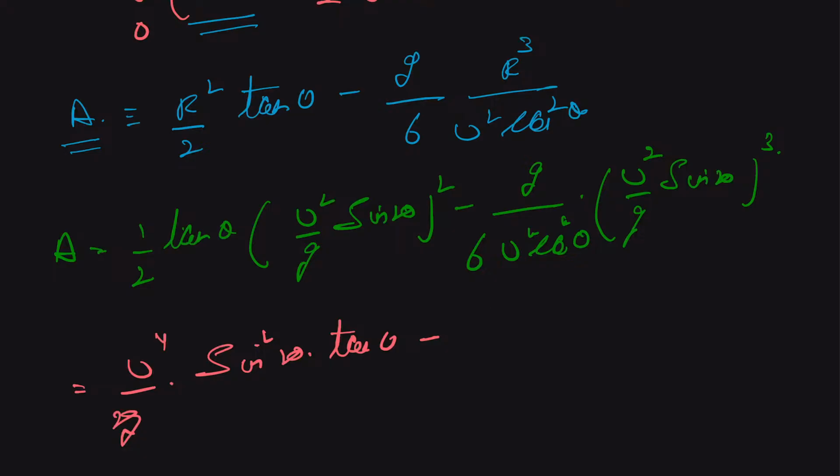Let me write this as v4 sine cube 2 theta divided by 6 g square, and we have cos square theta.